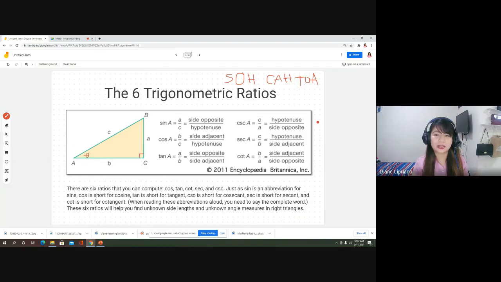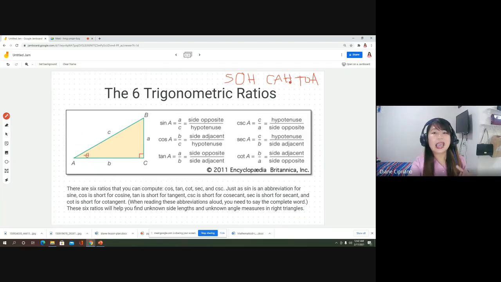Ma'am, how and why is the word SOHCAHTOA very helpful? So, this is the reason why. S is for sine, C is for cosine, and T is for tangent. O is for opposite, H for hypotenuse, A for adjacent.